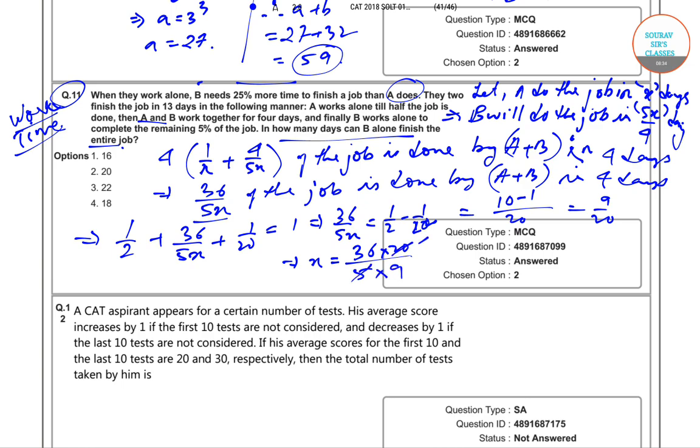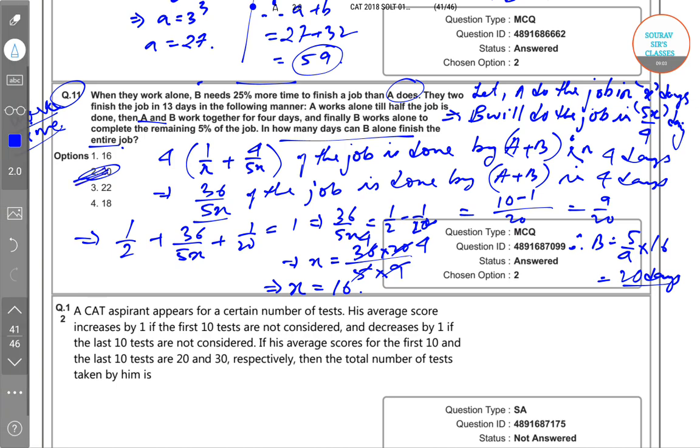So the value of x is equal to 16. Therefore B can do the work in 5x by 4, so 5 by 4 into 16, which will be 20 days, and that is given by option 2 over here.